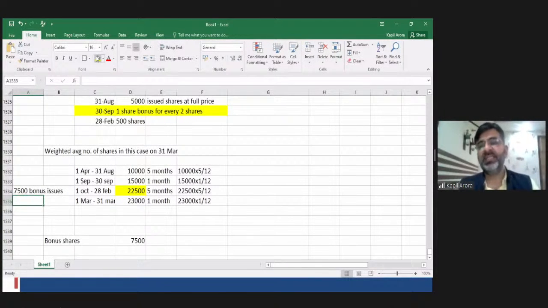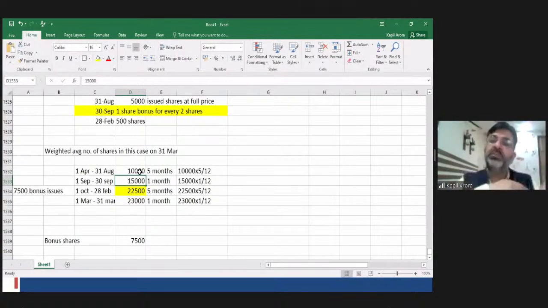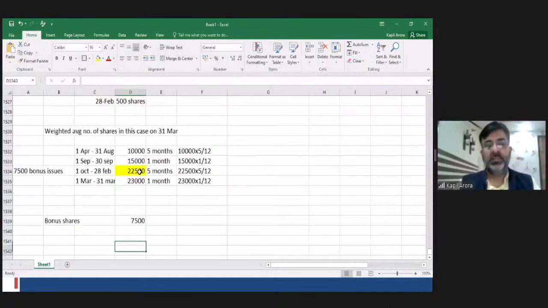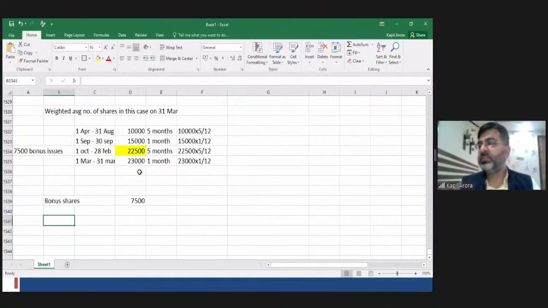It means the bonus for 10,000 shares, which is 5,000 shares, was given from 1st April. But the bonus for the extra 5,000 shares is only given when they are issued. I cannot give a bonus before they were in issue.